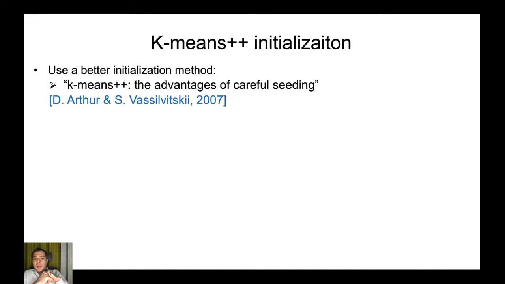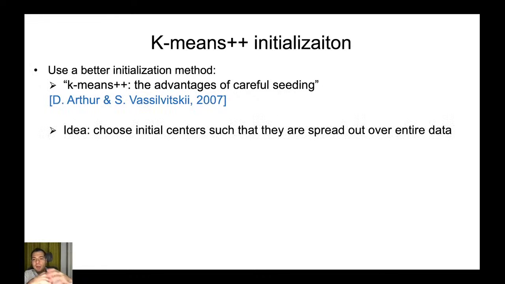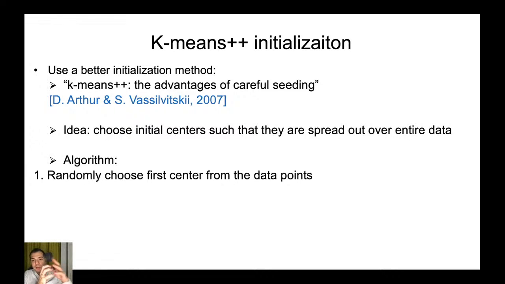Okay, so the alternative approach is an idea that was introduced in 2007 by Arthur et al. This is called k-means++ initialization. The idea is to choose the initial centers such that they are spread out over the entire data. The initialization algorithm works something like this.